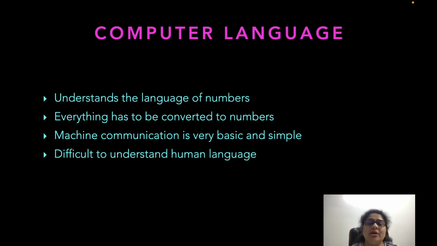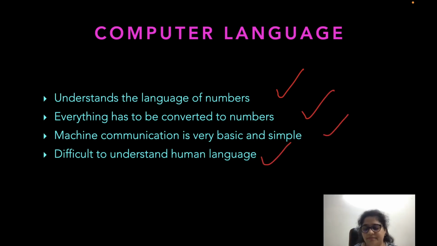Machine communication is very basic and simple because it has defined and decided on simple numbers and only understands the language of numbers. So obviously it becomes difficult for the computer to understand human language. Okay, so we have covered all these points.